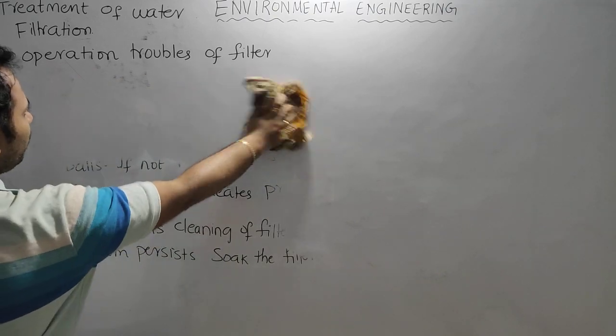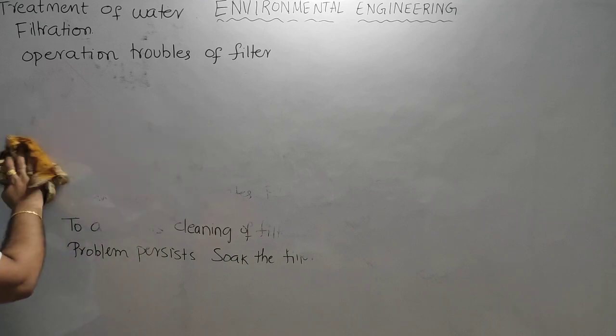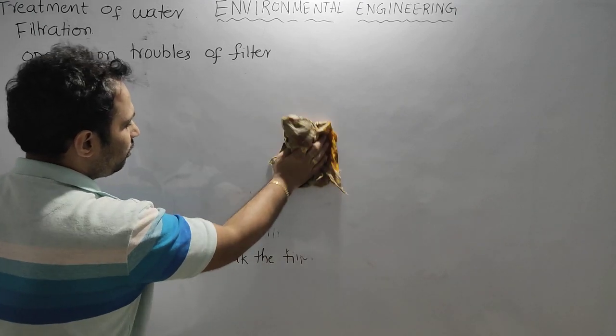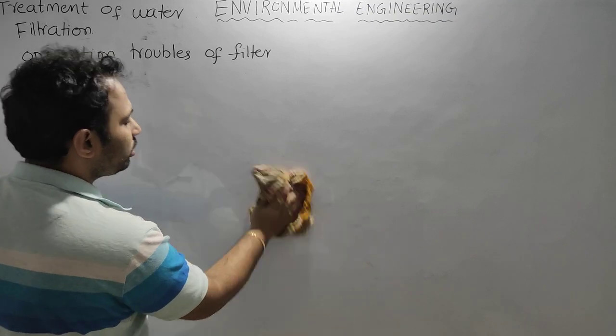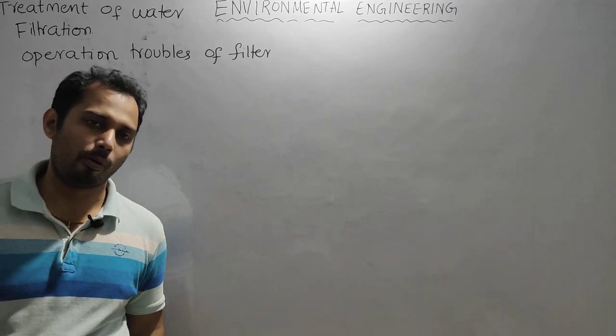The filter always contains water when it is in operation, so it is completely in a saturated or supersaturated state. When you suddenly keep the filter aside and you are not repairing it, whatever moisture is present inside the filter medium will get evaporated.